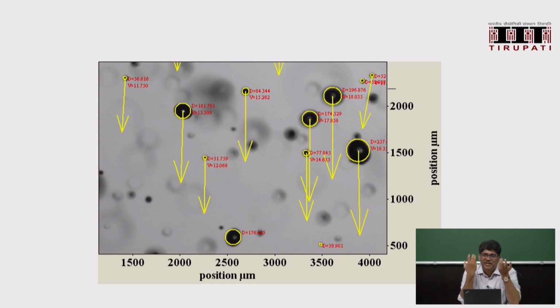A drop should have at least 4 to 5 pixels, then you can rely on it. That means if my resolution is 10 micron, I can rely on everything above, let's say, 50 micron drops, or 30 micron drops. Or inversely, if I have to measure 10 micron drops in a spray, your resolution has to be 2 micron.